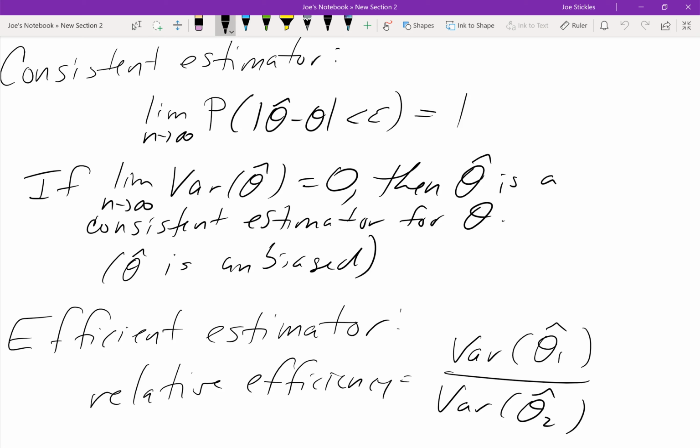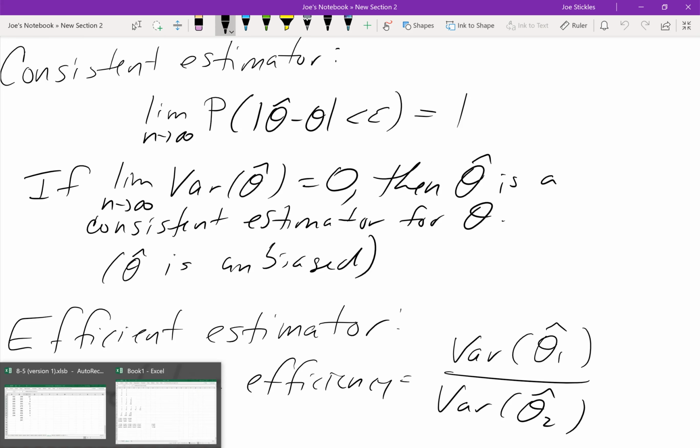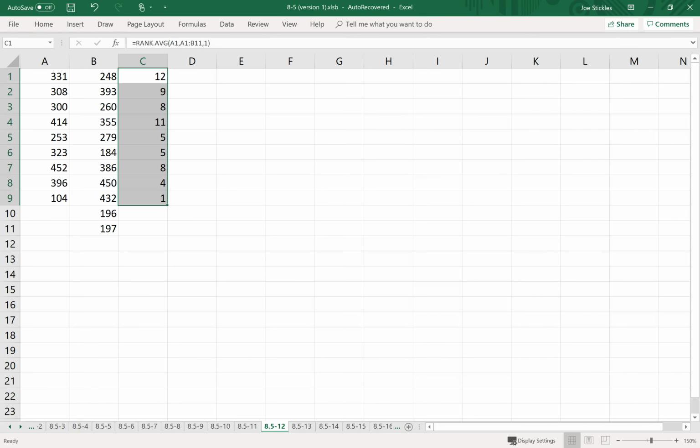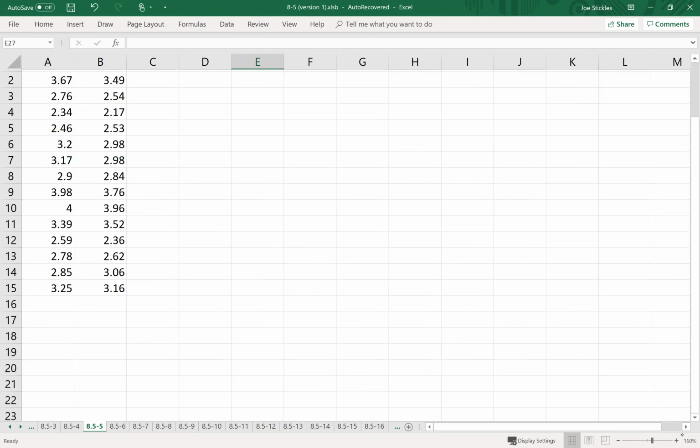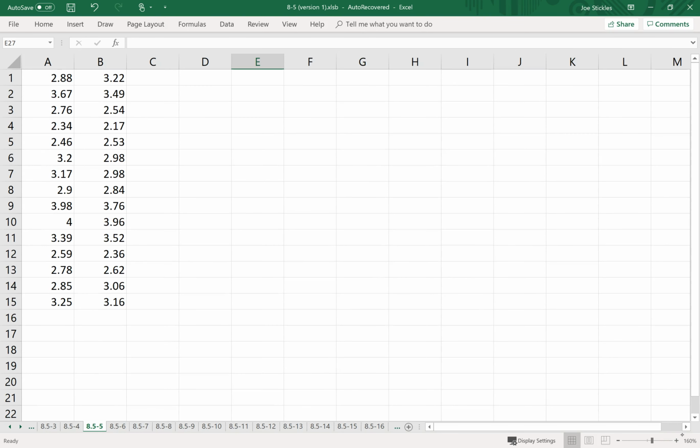So for the paired difference one, where you subtract, you just do the x minus the y, and then rank those? Yep. So if you had, what was that one, 8.5-5? Yeah. All right, here was the data for that problem.